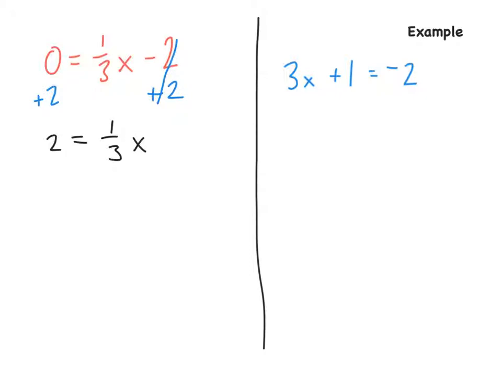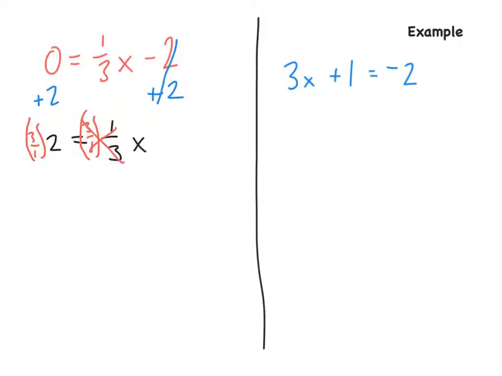Now we know if we have a fraction times x, we have to multiply by the reciprocal of the number. So we have 1/3 x. The reciprocal is 3/1. If we multiply by 3/1 on the right side, I have to multiply by 3/1 on the left side.